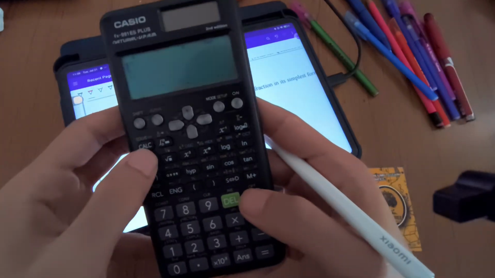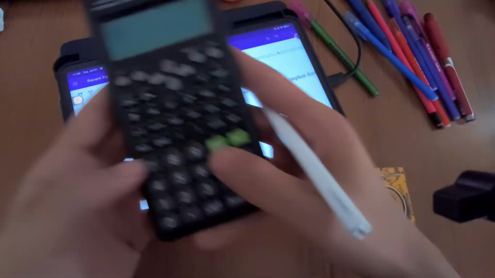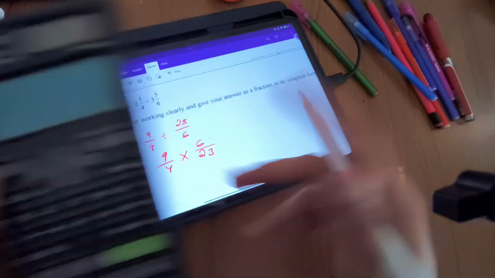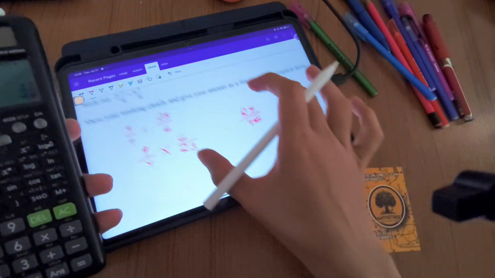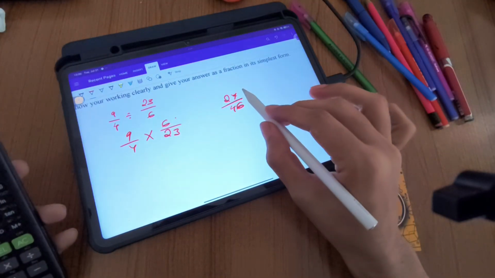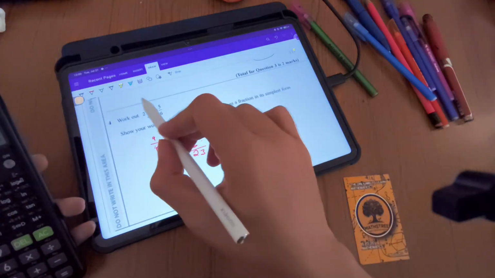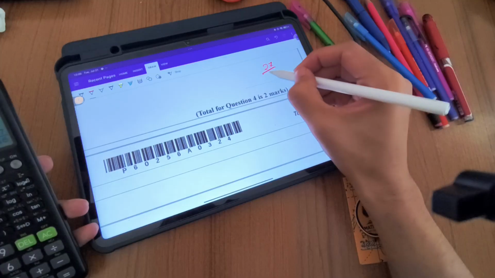If you can see the calculator, 9 by 4 into 6 divided by 23 gives us 27 by 46. Okay, now there is no way that we can further simplify this. This is the simplified version. We have turned this mixed fraction into an improper fraction, so this should be your answer.